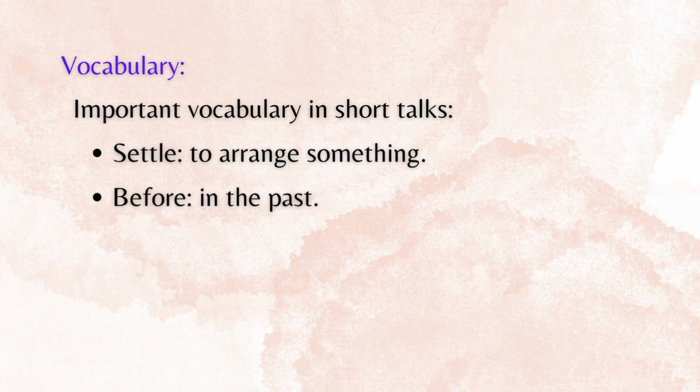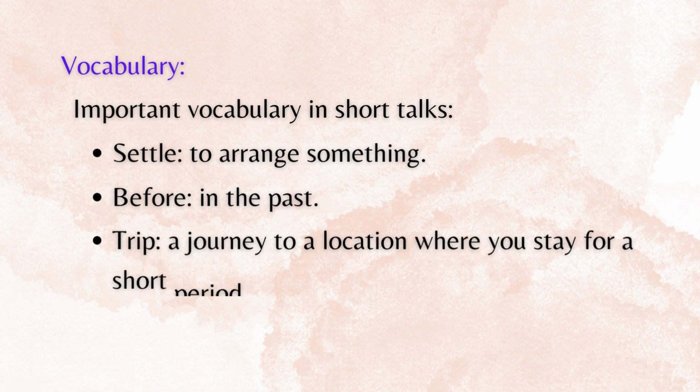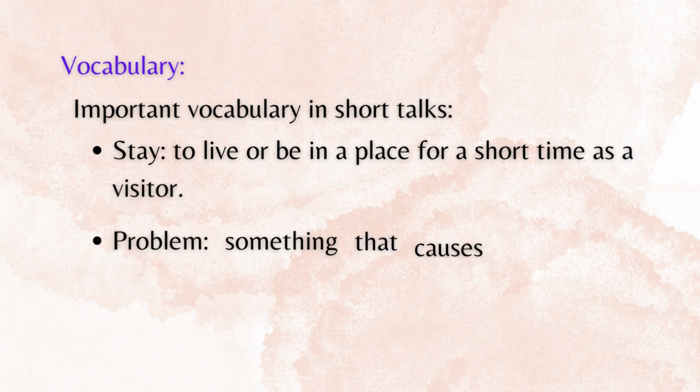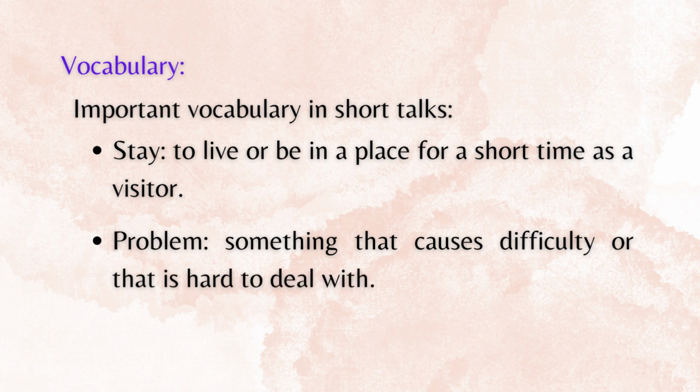Before, in the past. Trip, a journey to a location where you stay for a short period of time. Stay, to live or be in a place for a short time as a visitor. Problem, something that causes difficulty or that is hard to deal with.